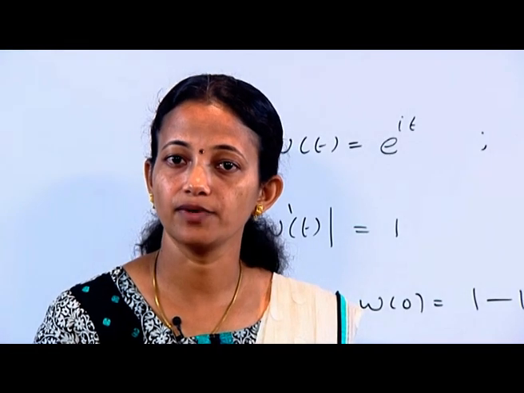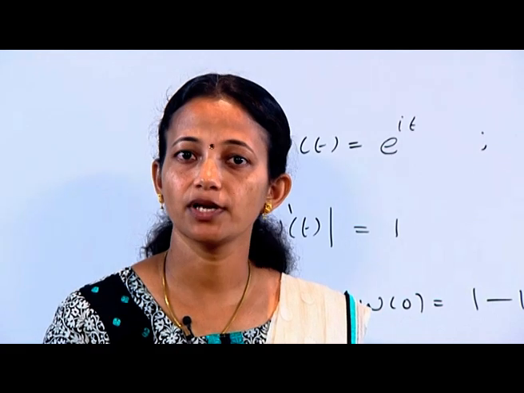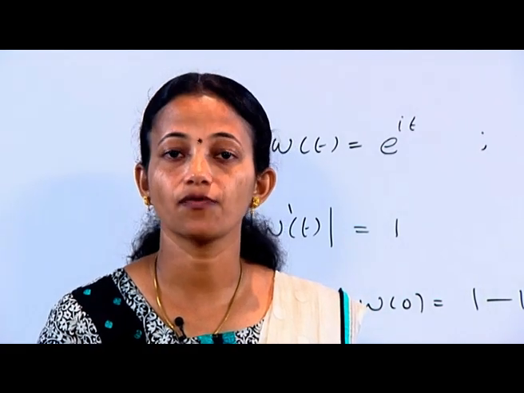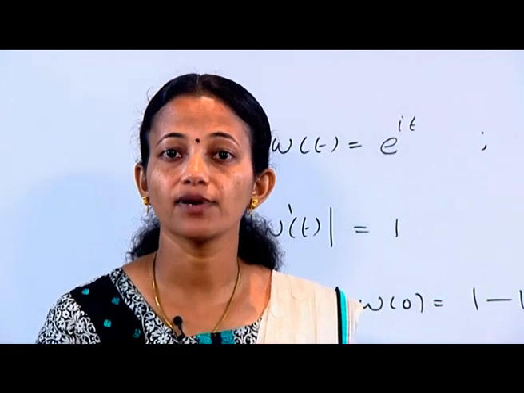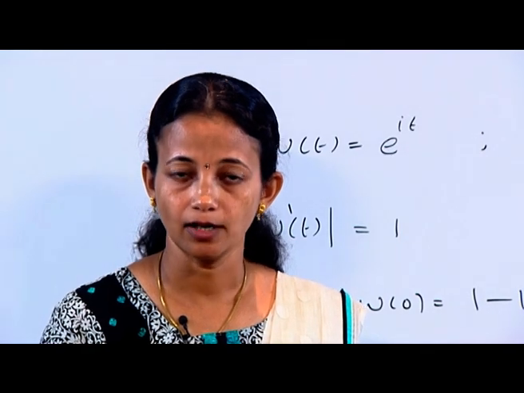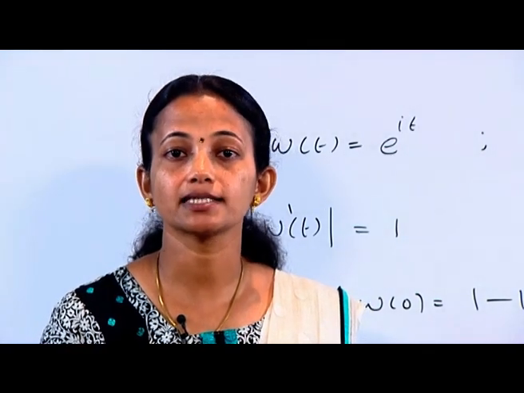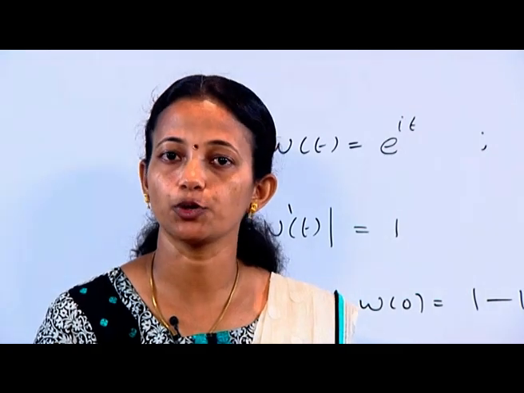Definite integrals of w(t). We now define the definite integral of a complex valued function of a real variable t over a given interval a less than or equal to t less than or equal to b.